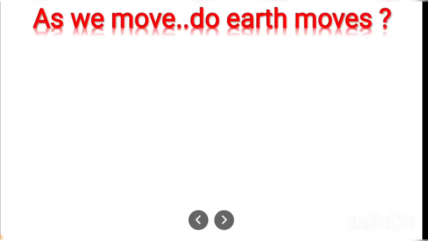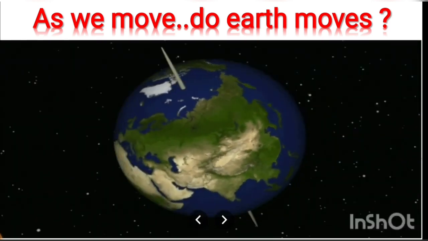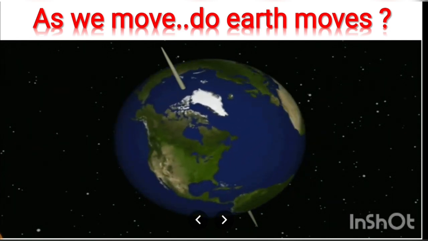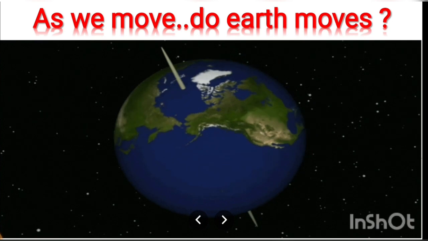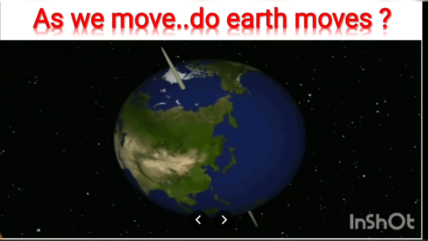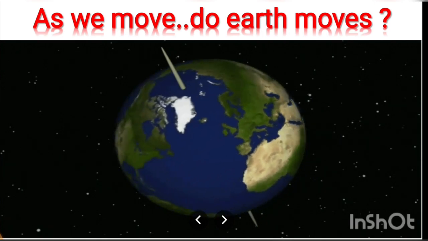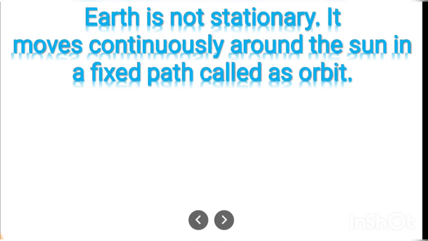As we move, we all move from one place to another. So does earth also move? Yes, earth also moves. Earth moves on its axis, that is the imaginary line. As we move from one place to another, our earth is also moving each and every minute. Earth is not stationary, that means it is not fixed.